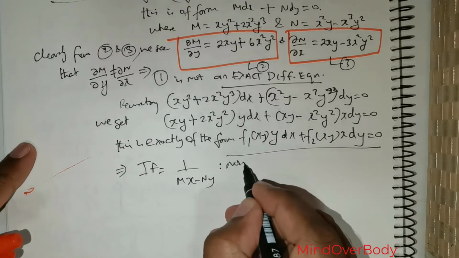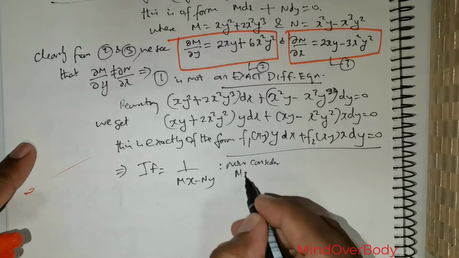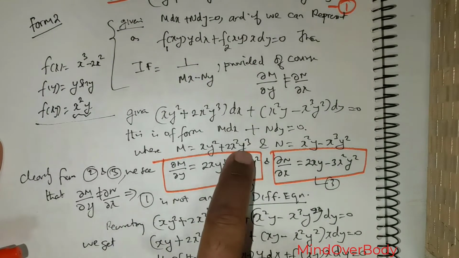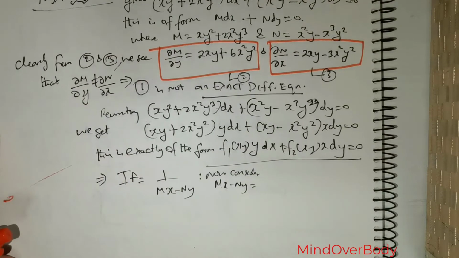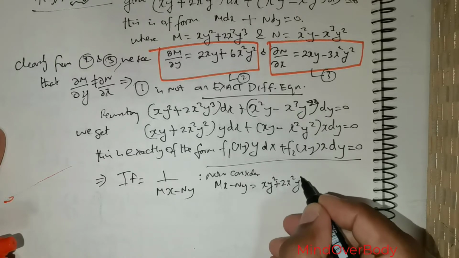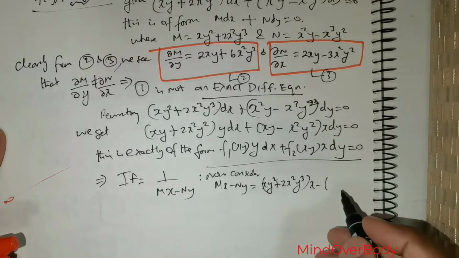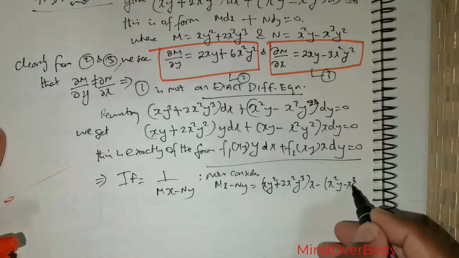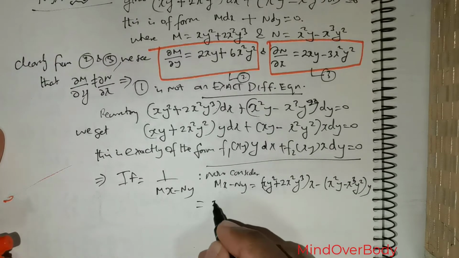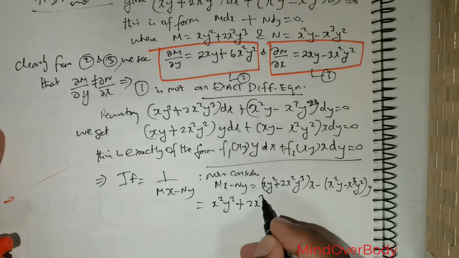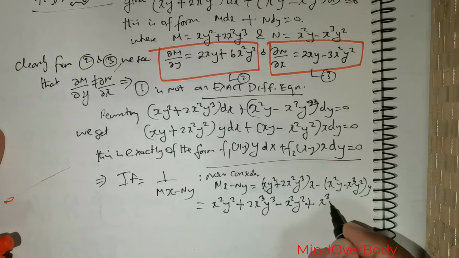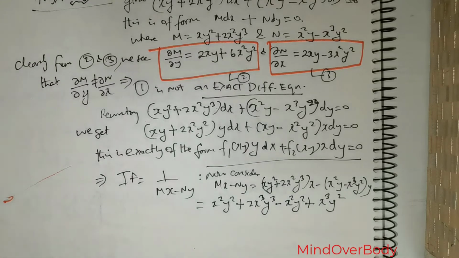Okay, now consider Mx − Ny. My M is this, my N is this, so let us use that. That's x(xy² + 2x²y³) − (x²y − x³y²)y, which is x²y² + 2x³y³ − x²y² + x³y².